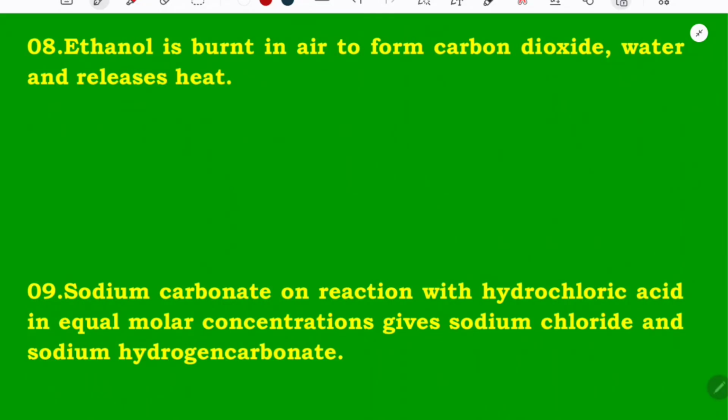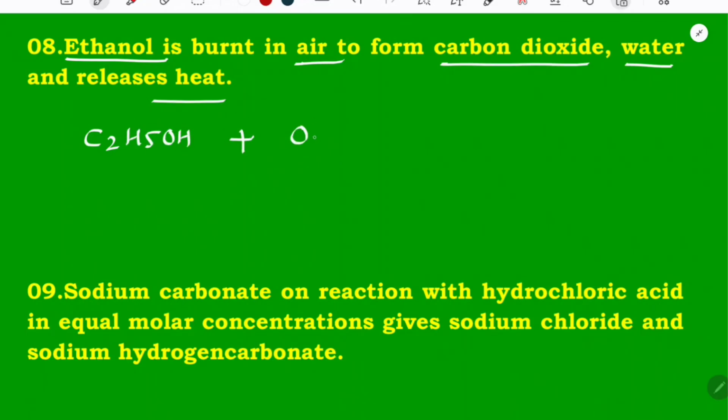Question. Ethanol, which is nothing but ethyl alcohol, is burnt in air. Air means oxygen gas, to form carbon dioxide and water and releases heat. Ethanol, I already discussed, is ethyl alcohol. So it is burnt in the presence of air. Air means oxygen.